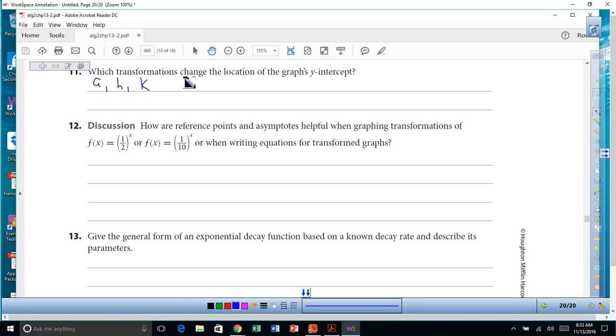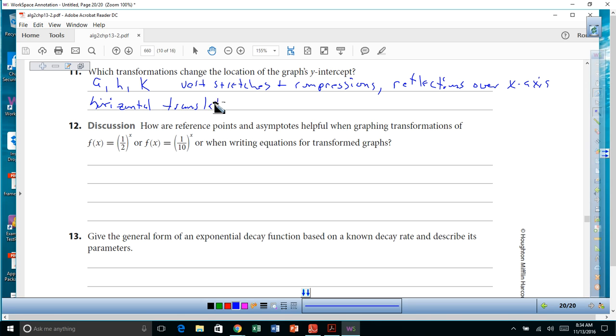So we've got vertical stretches and compressions, reflections over the x-axis, so that's the A. Horizontal translations, left or right, that's the H, and vertical translation, that's the up and down, or the K.